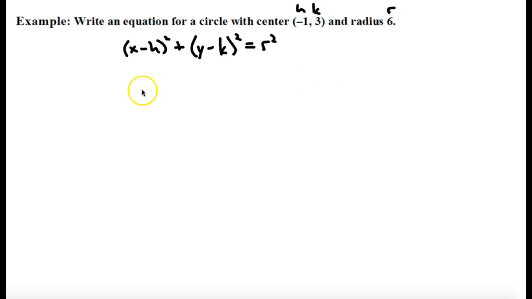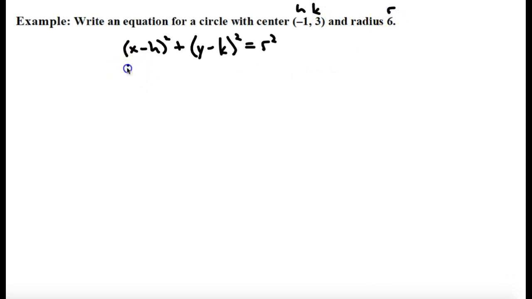All right, so let's say we're given the center of (-1, 3) and a radius of 6. So our equation, (x - h)^2 + (y - k)^2 = r^2. We're just going to plug these three pieces of information in. This is my h, this is my k, and this is my r.